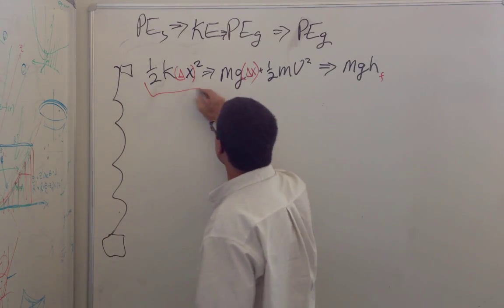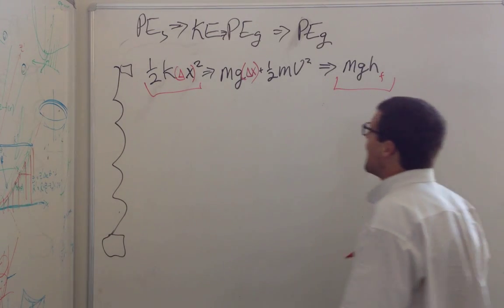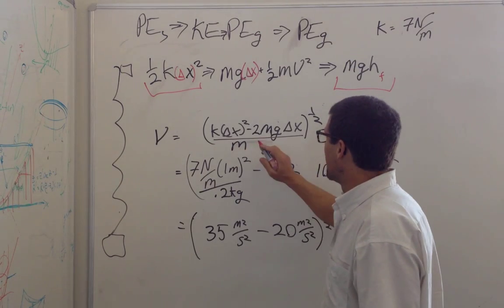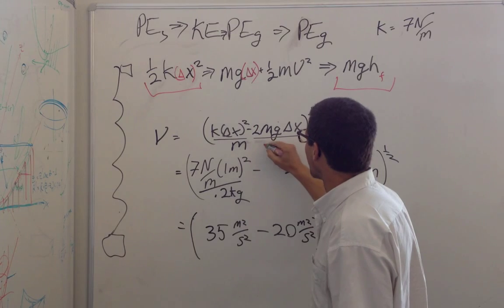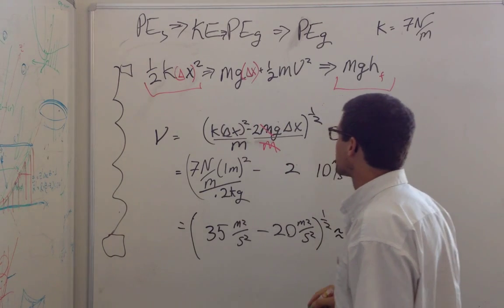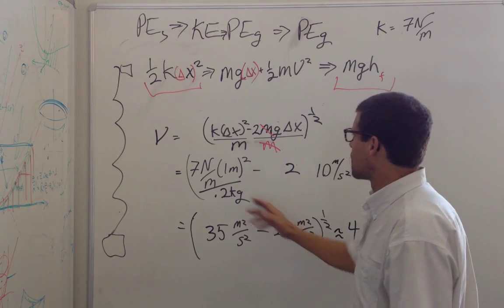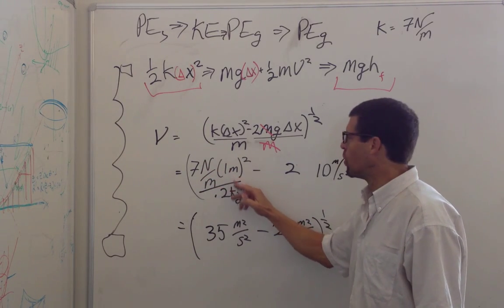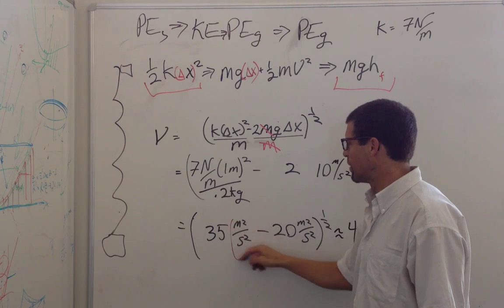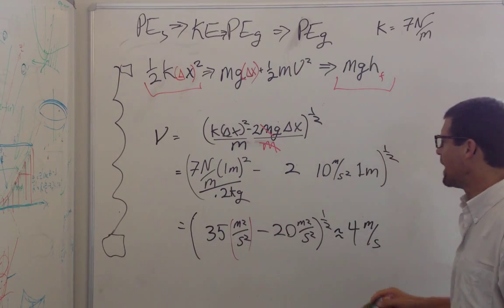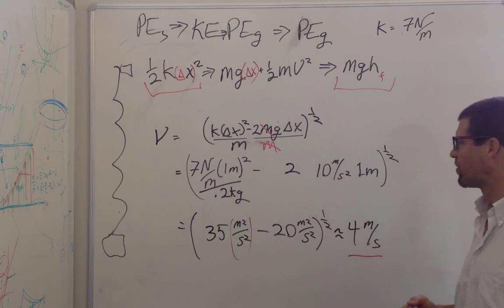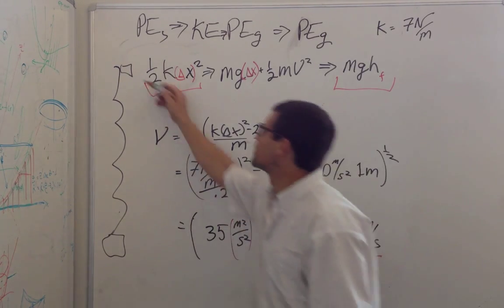Then we can solve this equation and find the final height. Okay, so I solved this and then separated this into two parts. And here the mass cancels. And so I get newtons per meter times meter squared, as a newton meter is a joule, canceled with kilograms gives me meters squared per second squared. And then you subtract off this gravitational potential energy term to get 4 meters per second. That's the speed it's moving upwards.